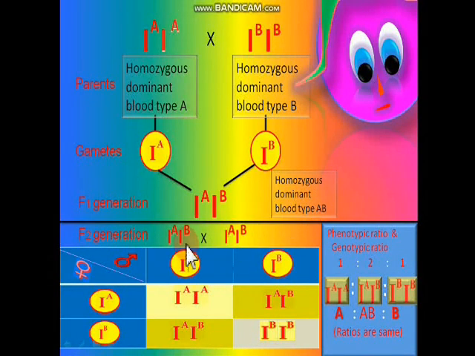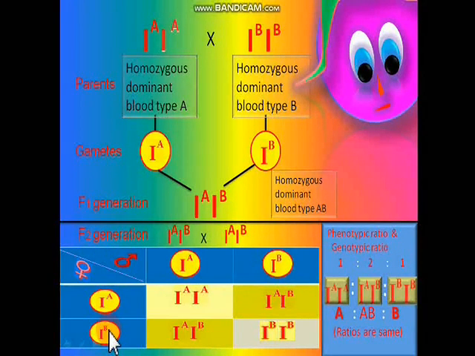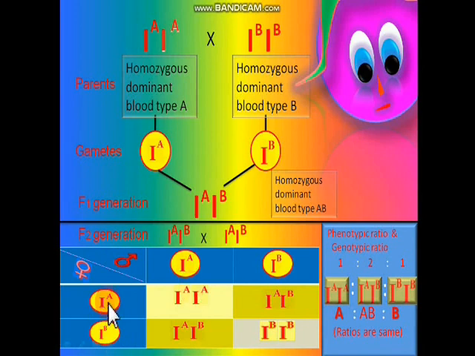In a self cross between IAIB and IAIB in the F1 generation, the outcome in the F2 generation is as follows. The gametes are IA and IB here, and IA and IB here. When IA gametes fuse, the result is IAIA, that is blood type A. Here gamete IA and gamete IB fuse, and the result is IAIB, that is blood group AB.